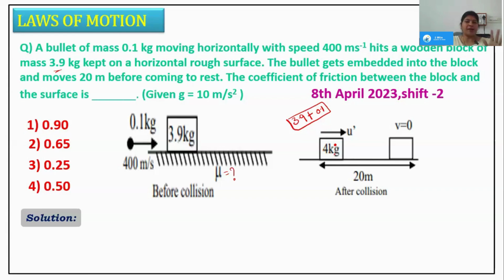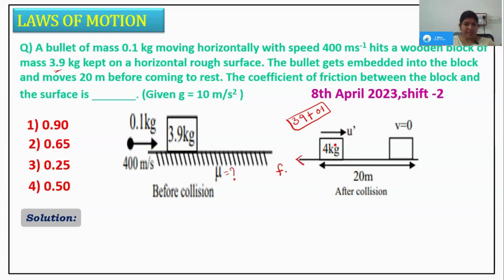The total system mass is 4 kg, which moves with a velocity u dash. And after traveling 20 meters on that rough horizontal surface, it comes to rest. Why does it come to rest? This is a rough surface, which means frictional force acts opposite to the motion of the body.